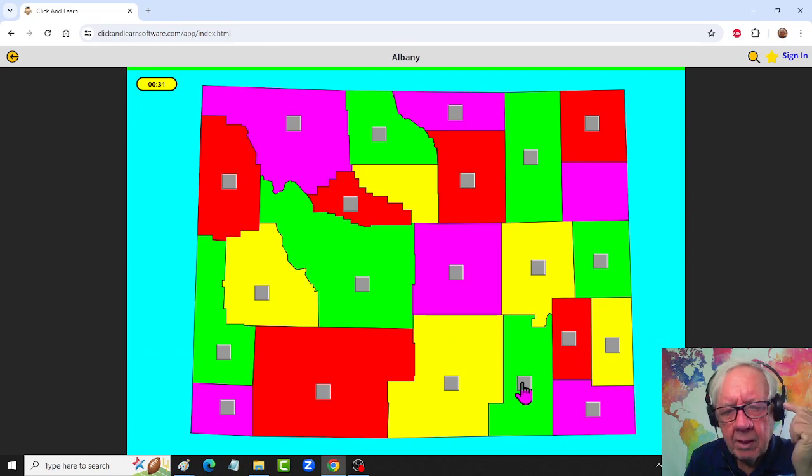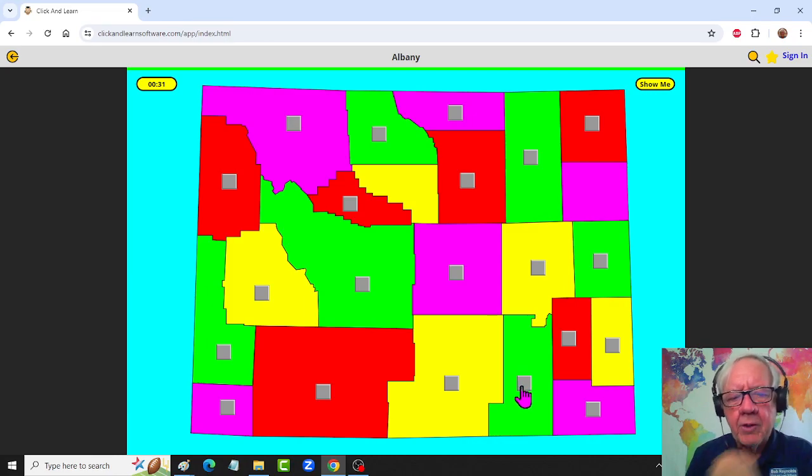Albany, Bighorn, Campbell, Carbon, I'm working this out in my head. Converse, Crook, Fremont, Goshen, Hot Springs, Johnson, Laramie, Lincoln, Natrona, Niobrara, Park, Platte, Sheridan, Sublette, Sweetwater, TU. Okay, without looking at the questions at all.